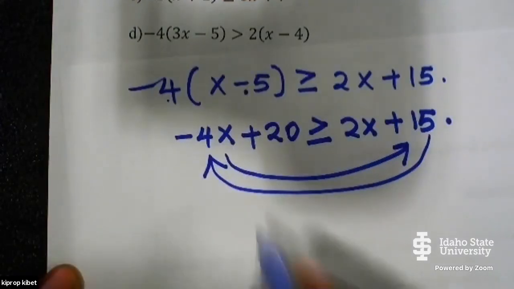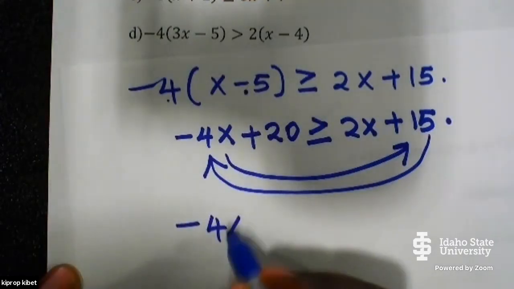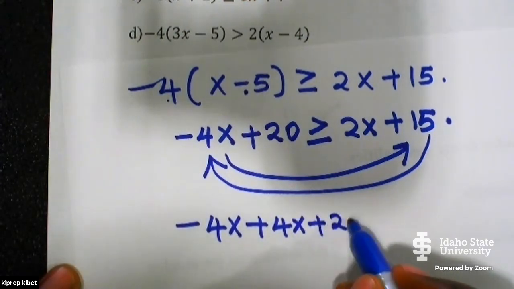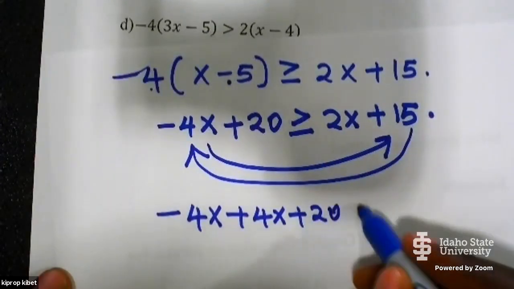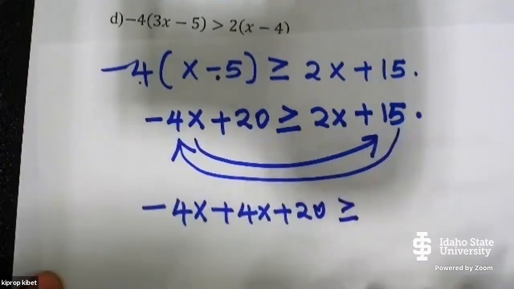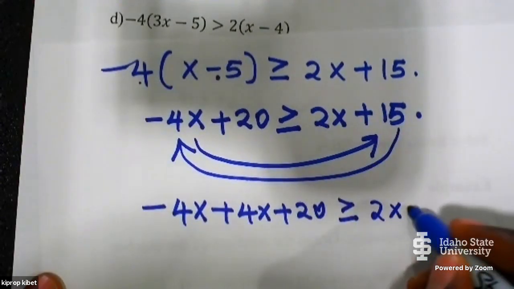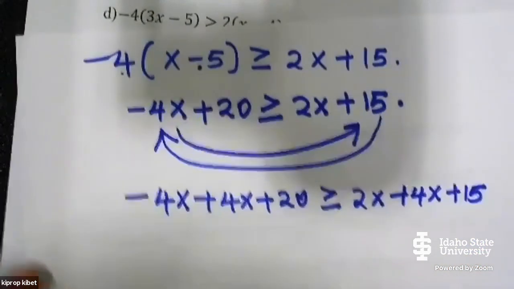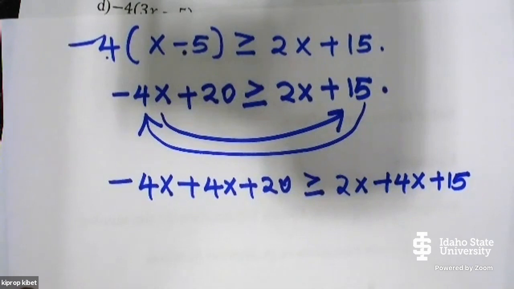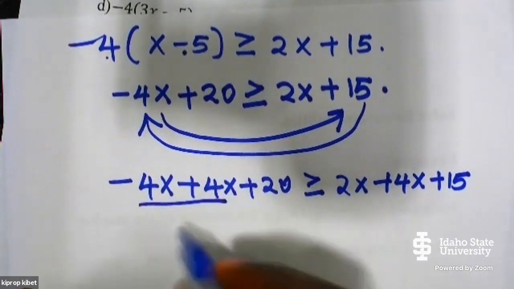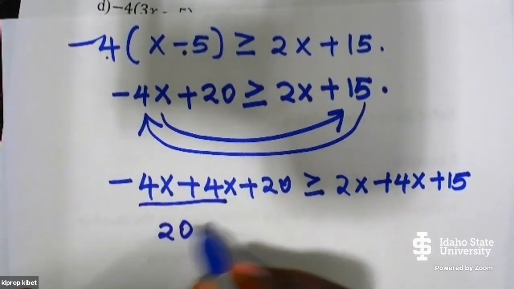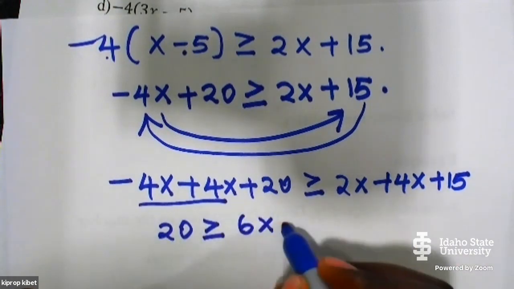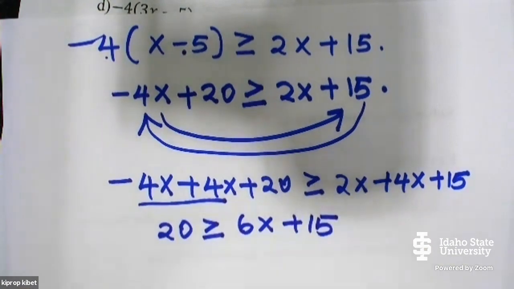So it will be minus 4x plus 4x plus 20 greater or equals to 2x plus 4x plus 15. So this will be 0. So 20 is greater or equals to 6x plus 15.